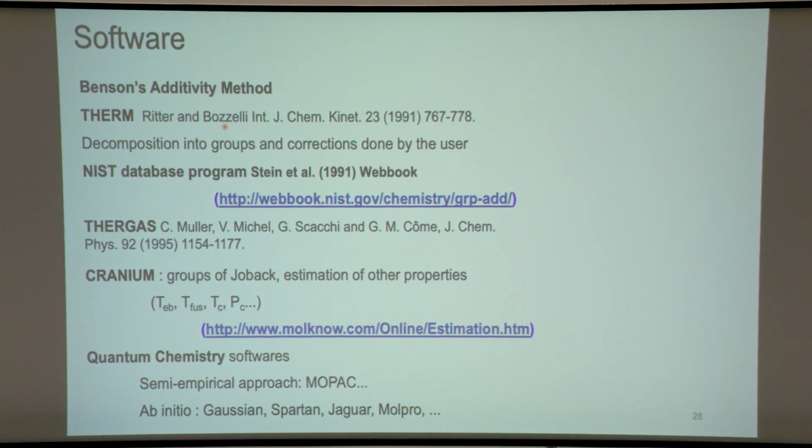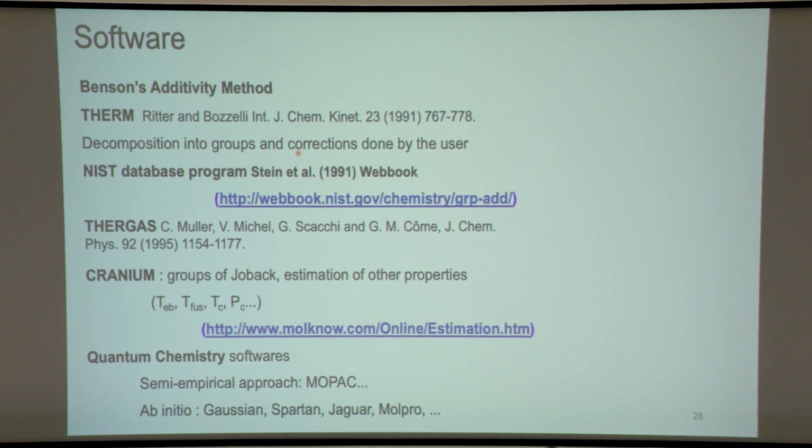You put in all the groups for your molecule, and it gives you the thermal. Pretty straightforward, yeah? The NIST webbook is a database that you can use to identify different groups. This is a code from France called Thergas from the Nancy group. Similar thing. Cranium uses different groups, Joback groups, but essentially the same thing.